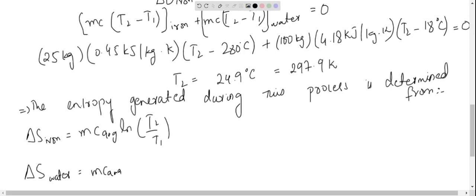First we find their entropy changes separately, then we combine their answers to find the total entropy of the process.